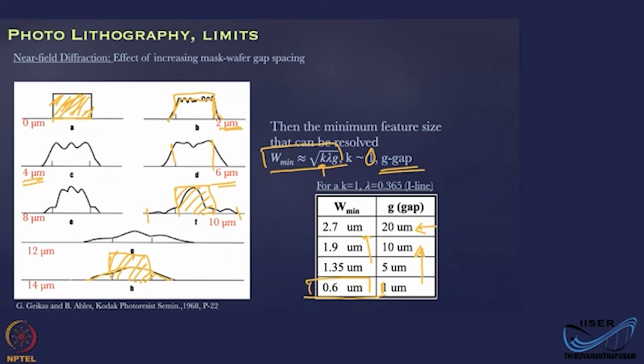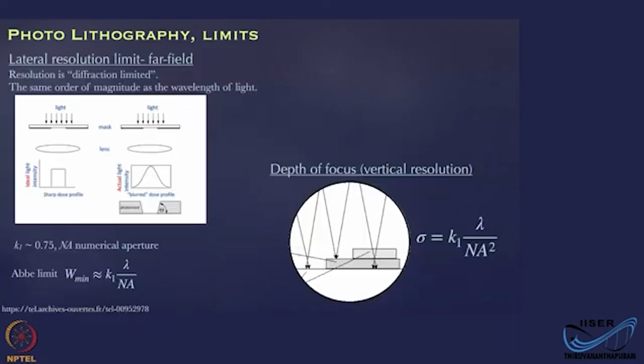Now let's look at what happened in the far field case. In the far field case, what we have is the Abbe limit, which is basically the Rayleigh criteria, and the effect of refractive index is also built into it. Here the resolution is of the same order as the wavelength.